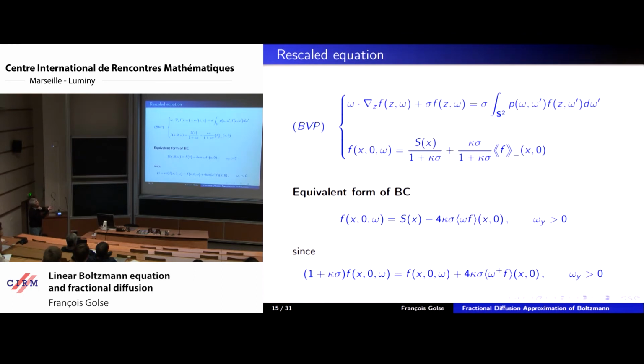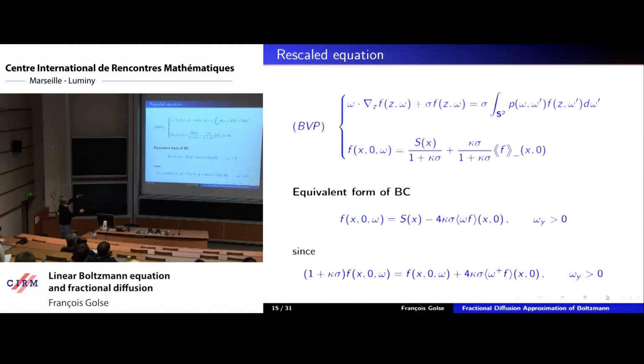Okay, so now in this setting, we have the following rescaled equation, right? So you have omega grad z f of z and omega plus sigma f equals sigma times the scattering production term at the position z.